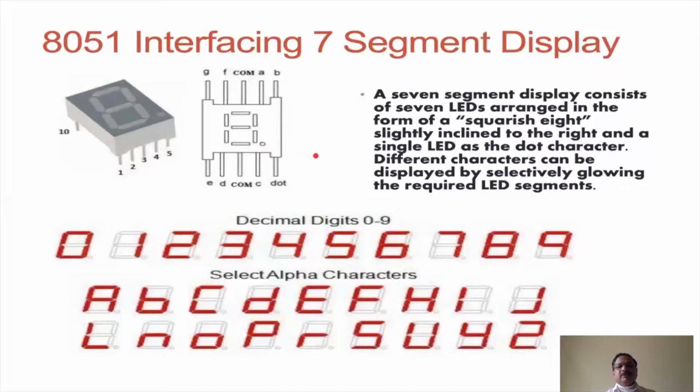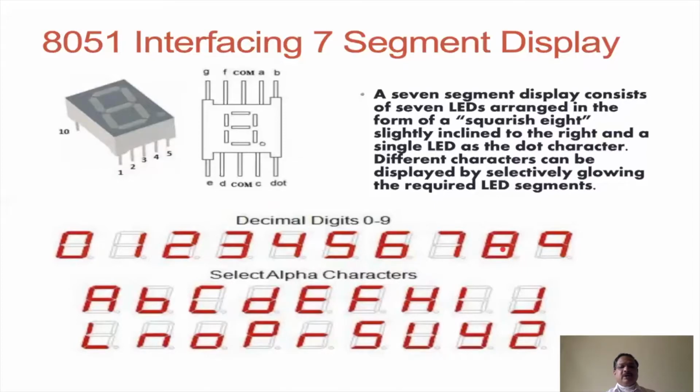And for the information displayed on this 7-segment display, here you can see the decimal digits that can be displayed: 0, 1, 2, 3, 4, 5, 6, 7, 8, 9.